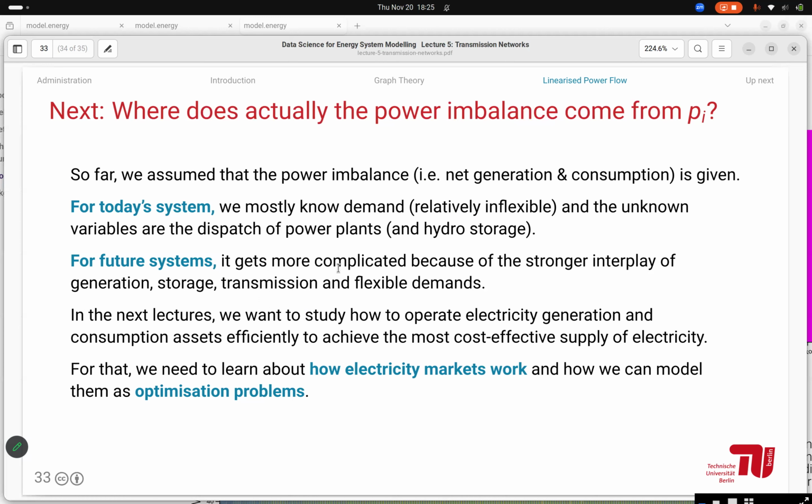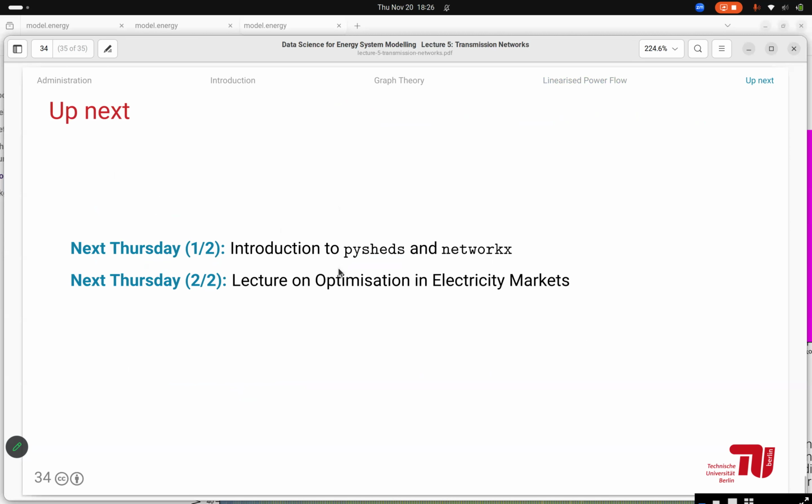We need modeling to understand how this stronger interplay of variable generation, storage technologies, transmission limits and potentially transmission expansion, as well as flexible demands and coupling to other sectors like heat pumps and electric vehicles, plays a role. So this is going to be the focus of the next few weeks: how electricity markets work and how optimization problems work.